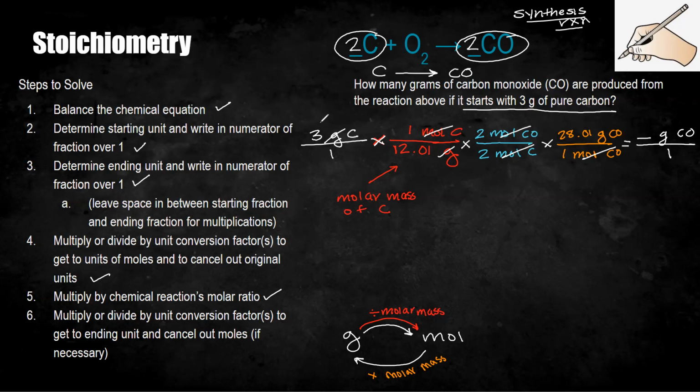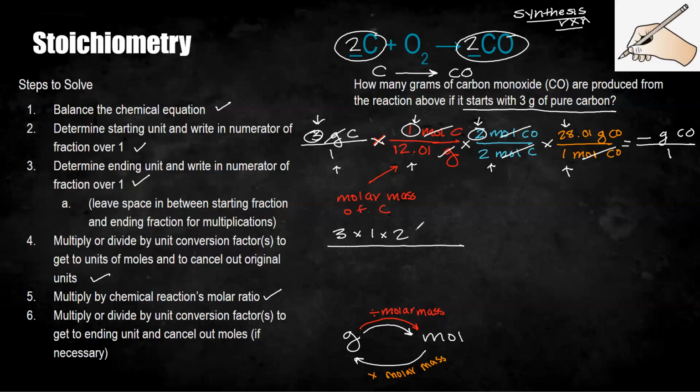However, I still do need to multiply these numbers in the numerator and the denominator together. So I'm going to simplify this. And I've got a 3 right here times 1 right here times 2.